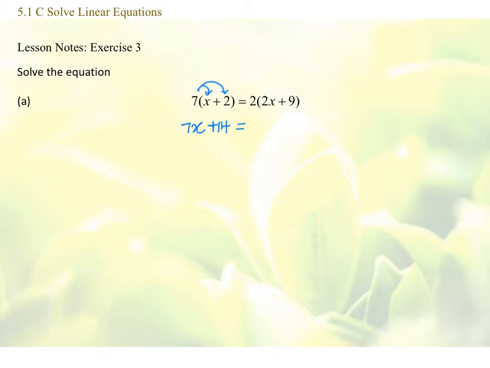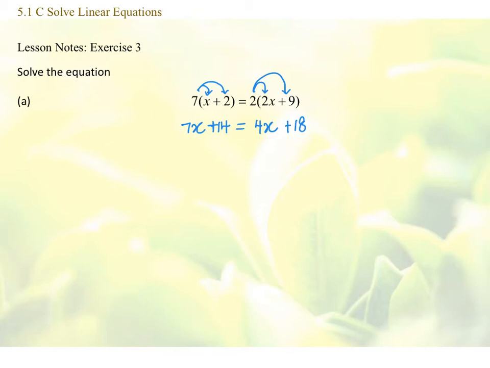So that means I will have 2 times 2x, which gives me 4x, and 2 times 9, 18.